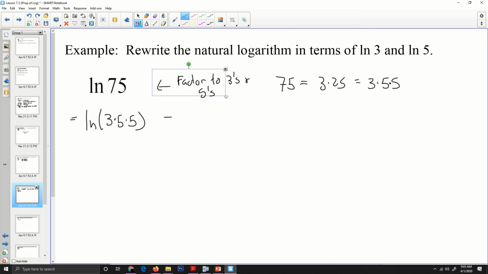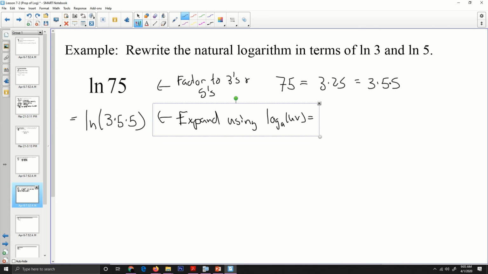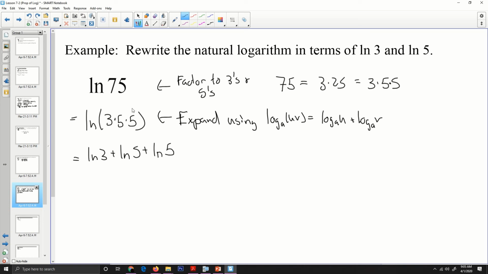And then we're going to expand using log base a of uv equals log base a of u plus log base a of v. And we're going to rewrite this as the ln of 3 plus the ln of 5 plus the ln of 5. I can expand that even further for every multiplication that I have in here. And now my final answer only has ln of 3 and ln of 5 in it. That looks like a good final solution.